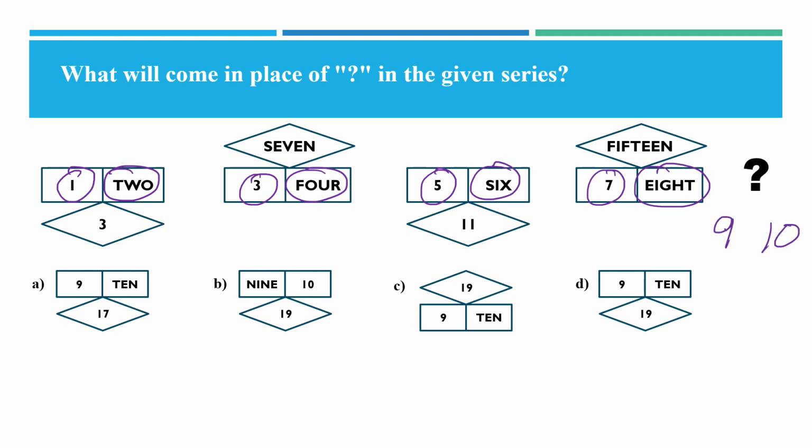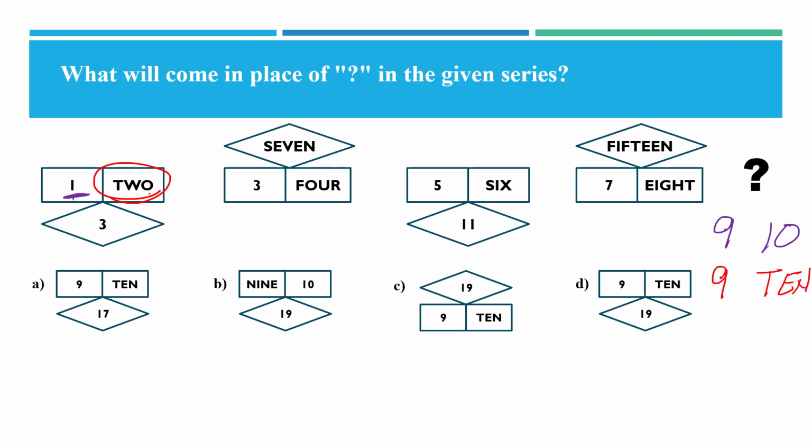Great. And did you notice a pattern here? The pattern says the first number is the symbol and the second is the number name. So 9 the symbol, 10 the number name.